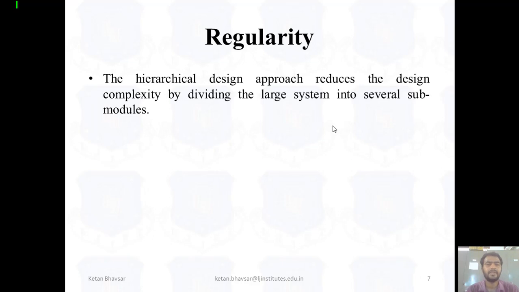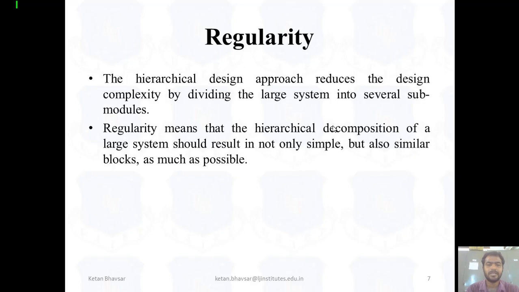Regularity. The hierarchical design approach reduces the design complexity by dividing the large system into several submodules. Regularity means that the hierarchical decomposition of a large system should result in not only simple but also similar blocks as much as possible.